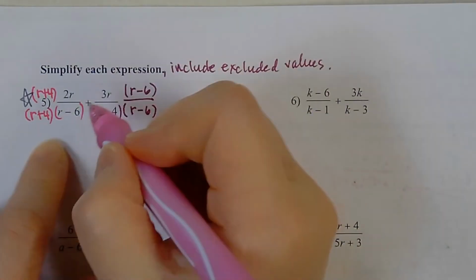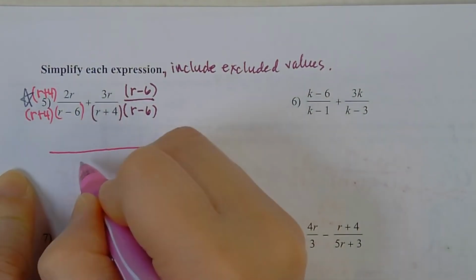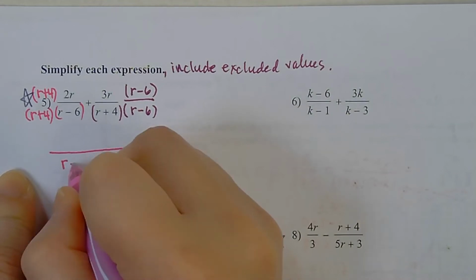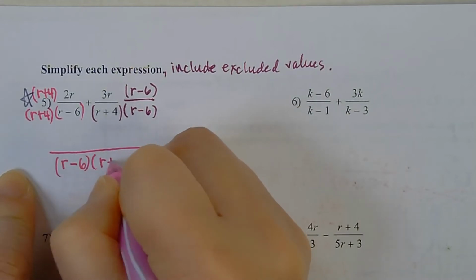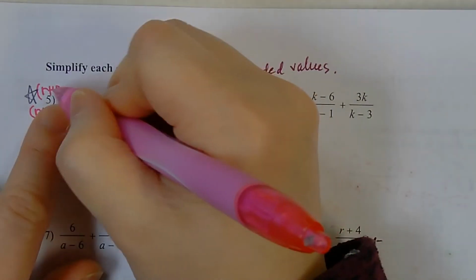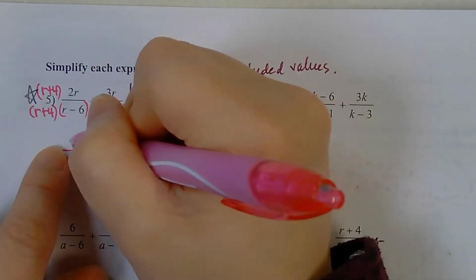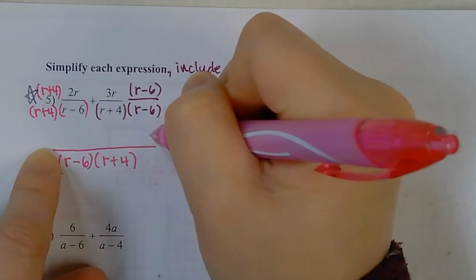All right, so then I know my denominator is going to be r minus 6, r plus 4. All right, so then this part right here, since they have the same denominator, these are all going to go on the numerator right here.